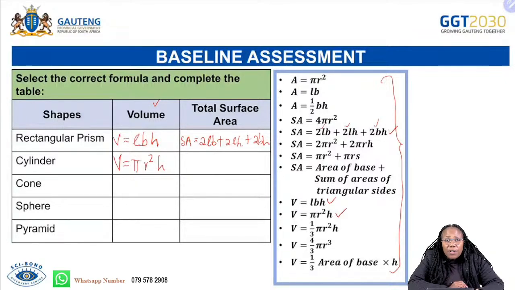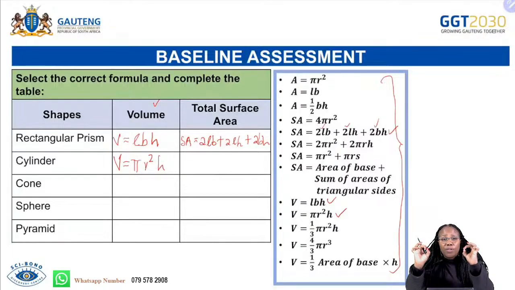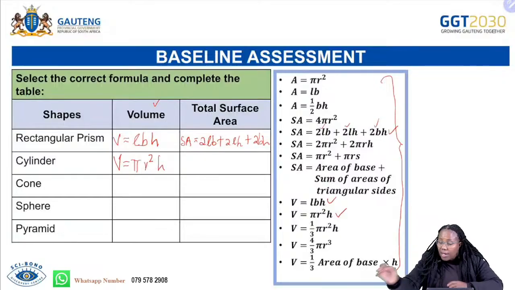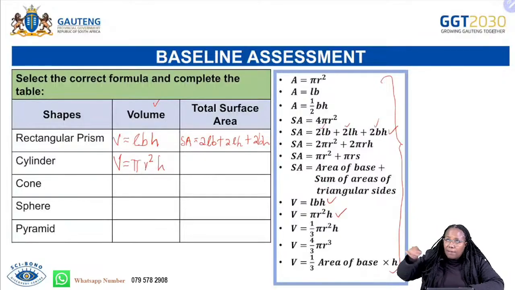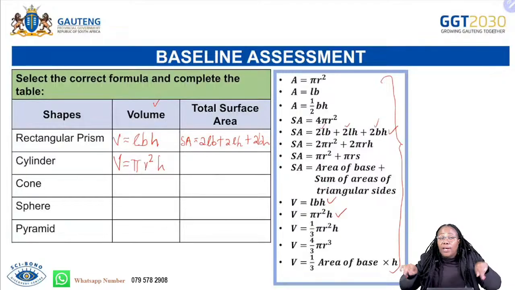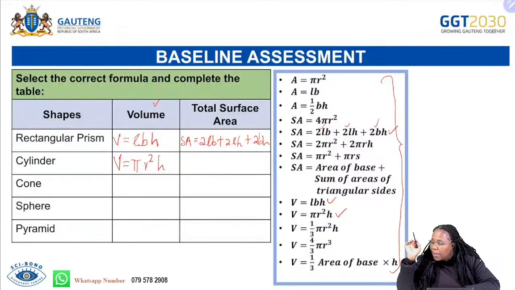The total surface area of a cylinder, remember the net, we said it will create 2 circles with a rectangle in between. And then the area of the 2 circles, that means we'll be having 2 areas of the circles. That will be 2 pi r squared. Okay, and then from here you will be adding the circumference for the side of the rectangle. The one side is the circumference and the other is the height. Then that will be 2 pi r h.